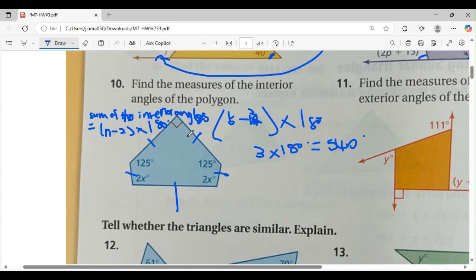Okay, now let's find the measure of the interior angles.